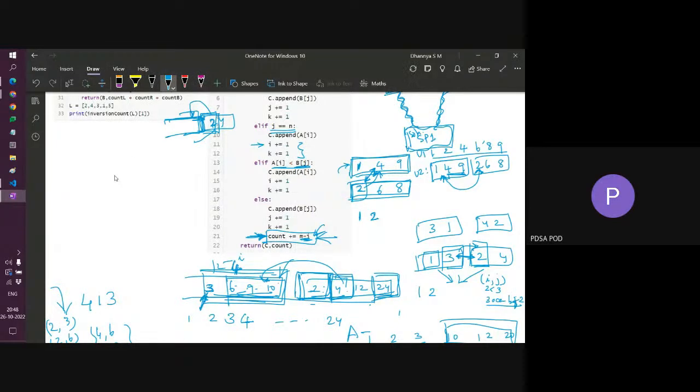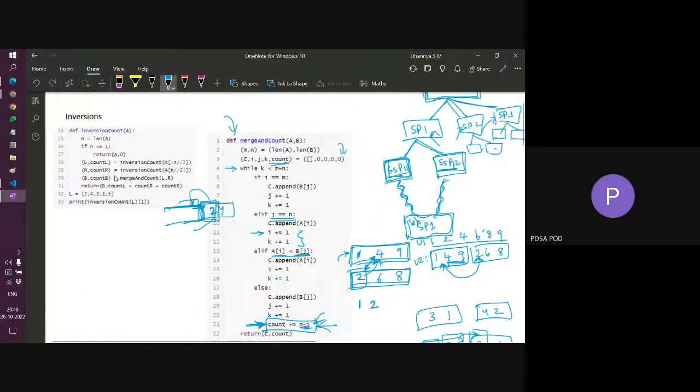Okay, now do you want to tell me the complexity of the code? So you just note this: whatever count you're getting from the left side, whatever count you're getting from the right side, and whatever count you're getting while merging, that is the total count. So don't miss out this part. This is the answer for our solution.